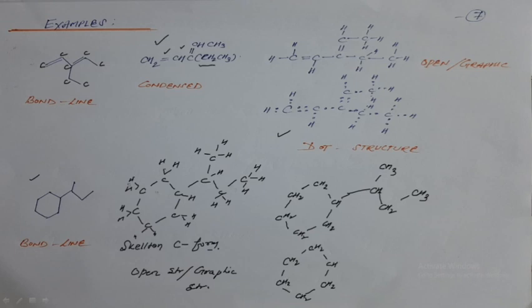Here you can write it like this: CH in brackets CH3, then the linkage carbon CH2, and then CH3. So this is also the condensed form, and after that each bond you can show here, like in this picture; if each bond is represented with a dot, it will become a dot structure.